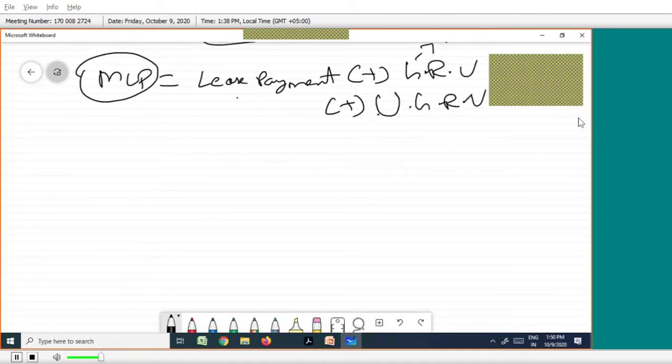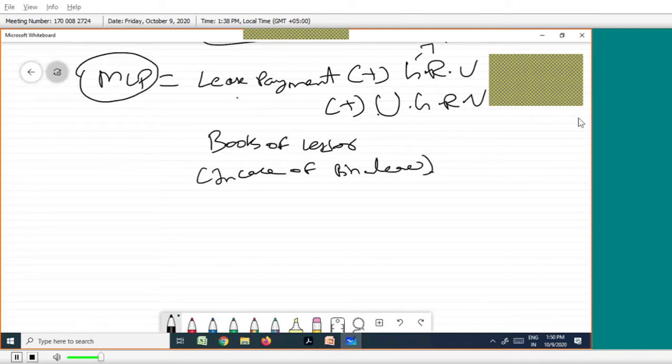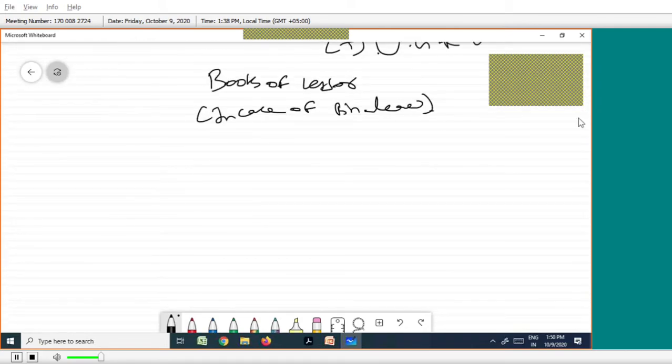So I am in the books of lessor, in case of finance lease. How is it accounted?